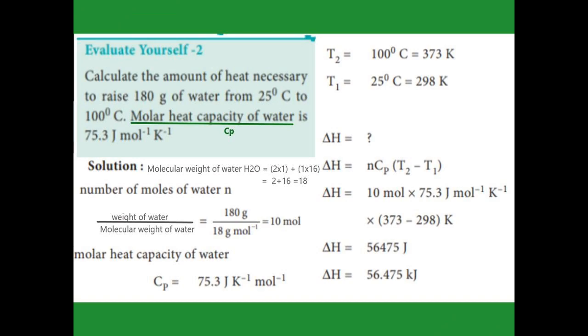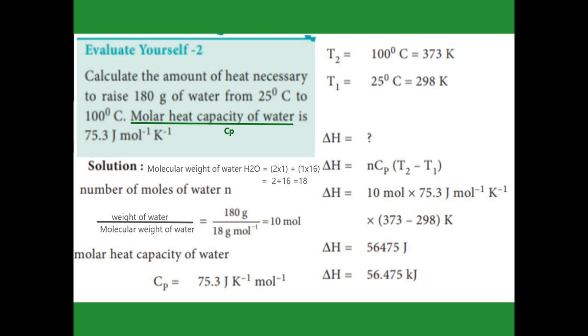In this problem, 180 gram of water is given as the weight of water. 25 degrees Celsius is the initial temperature, 100 degrees Celsius is the final temperature, and the molar heat capacity of water is 75.3 joule mole minus 1 Kelvin minus 1, which is the Cp value. Now the number of moles is weight of water divided by molecular weight of water.